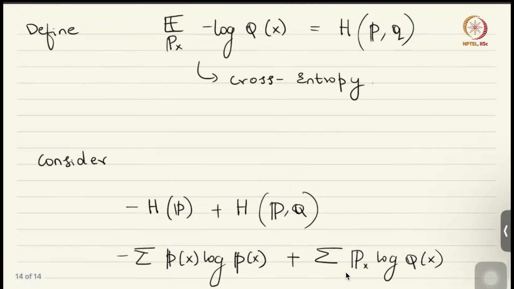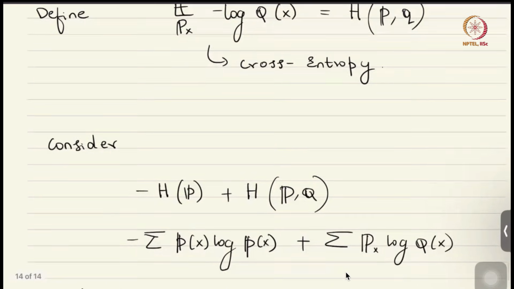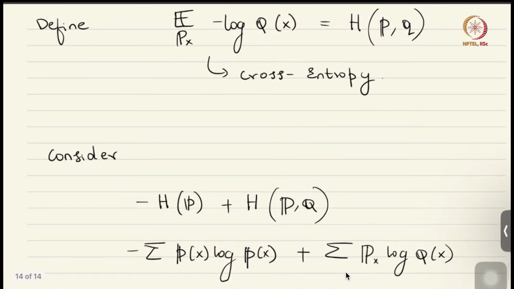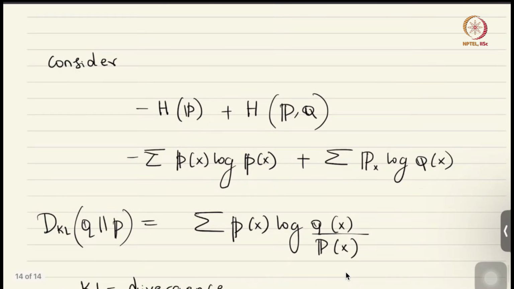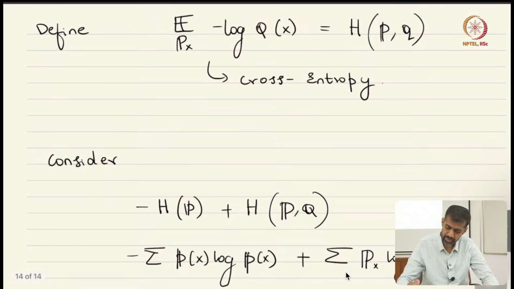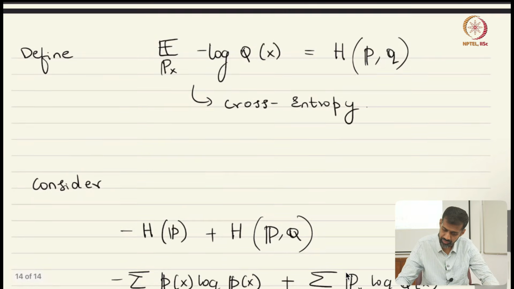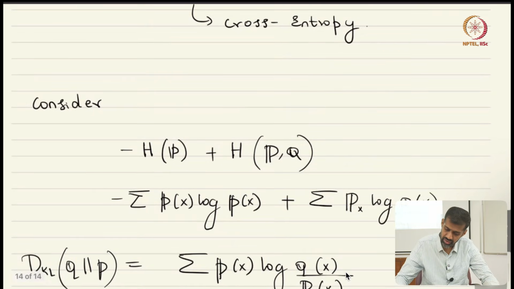See, cross entropy, this is P and Q, this is correct. So HP and Q is the expectation of this. HP is P log P, so this is the cross entropy minus entropy. Okay, fine.